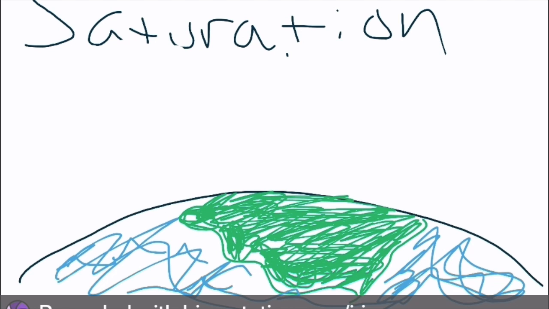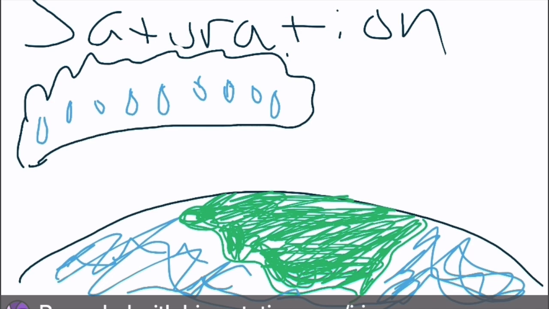When the air can't hold any more water in the gas phase, that gaseous water turns into liquid water in the form of little droplets. A bunch of little droplets together form up what you might know as a cloud.